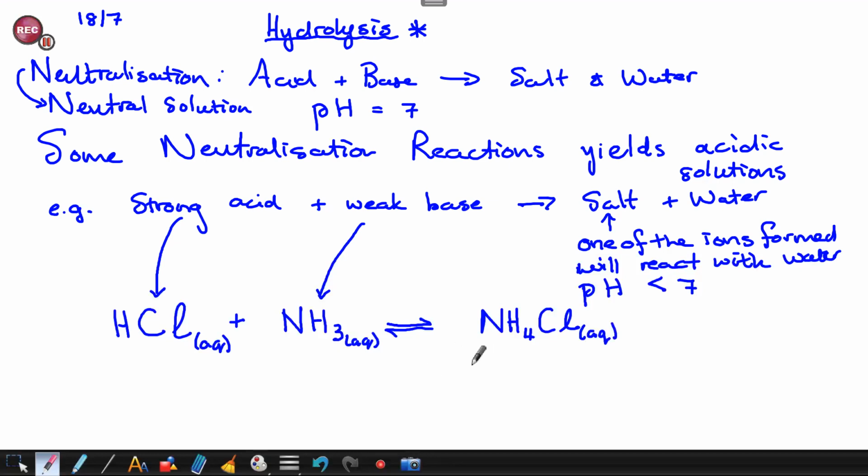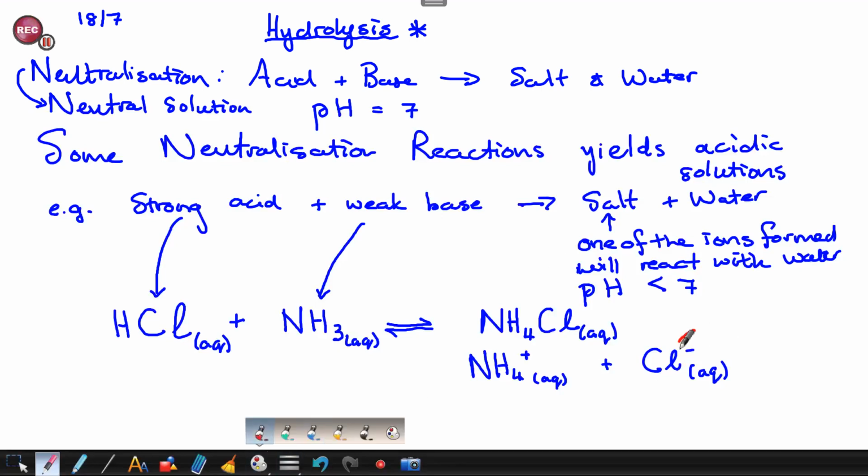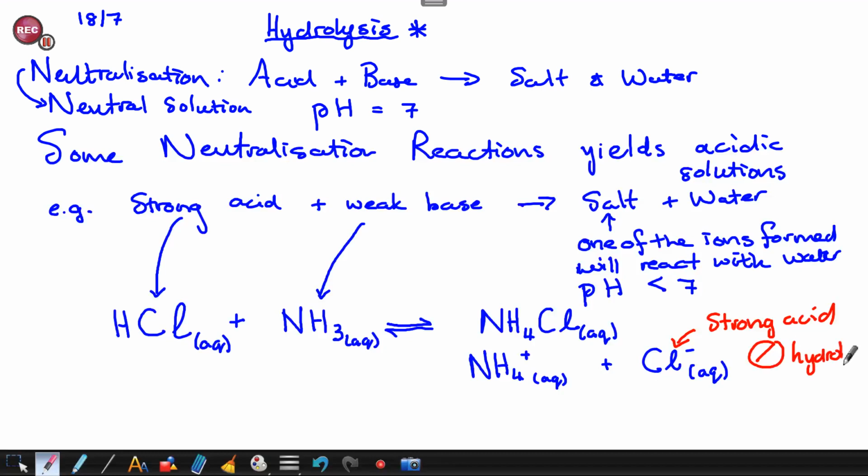So this would be NH4 plus, dissolved in water, and Cl negative. Now the anion that comes from the strong acid can't undergo hydrolysis. This one comes from a strong acid. So no hydrolysis. It can't react with the water.